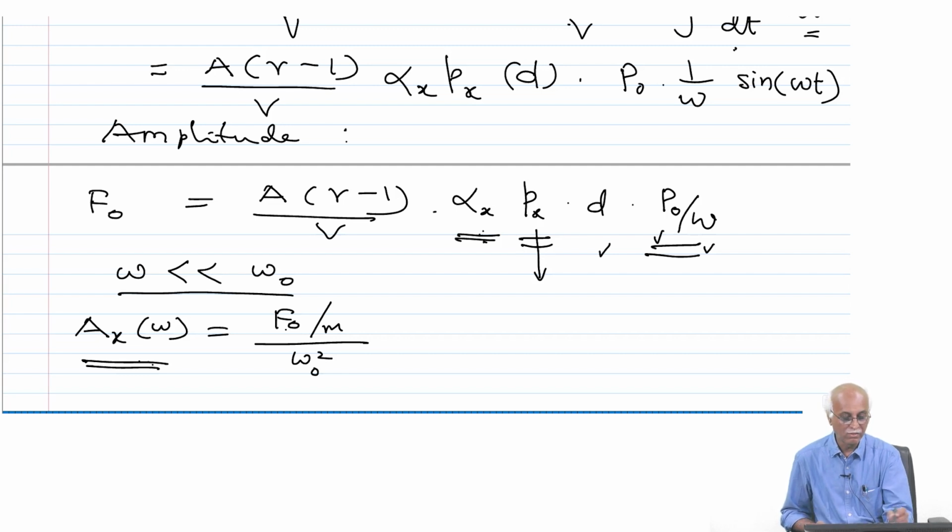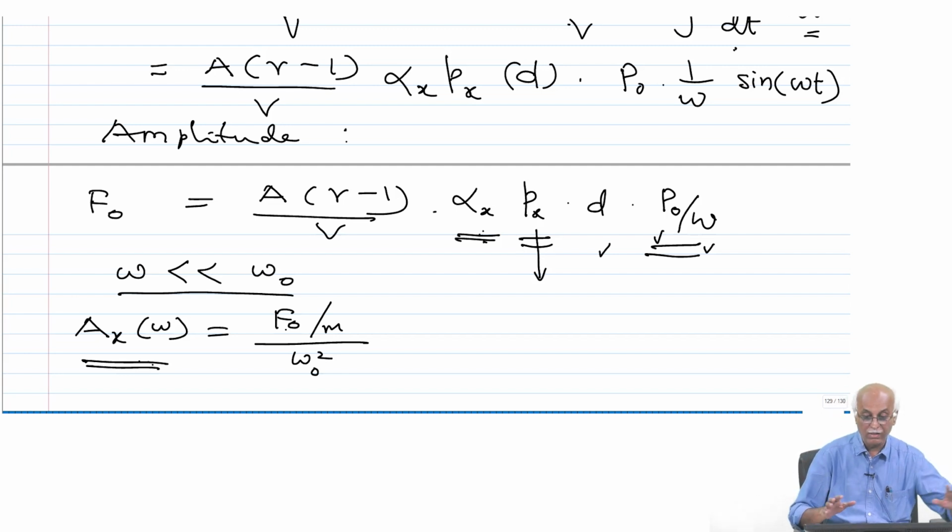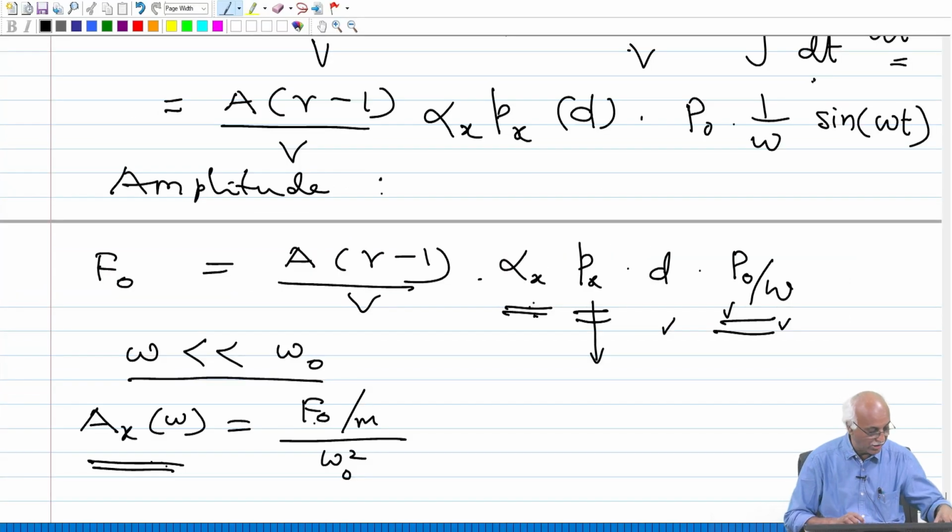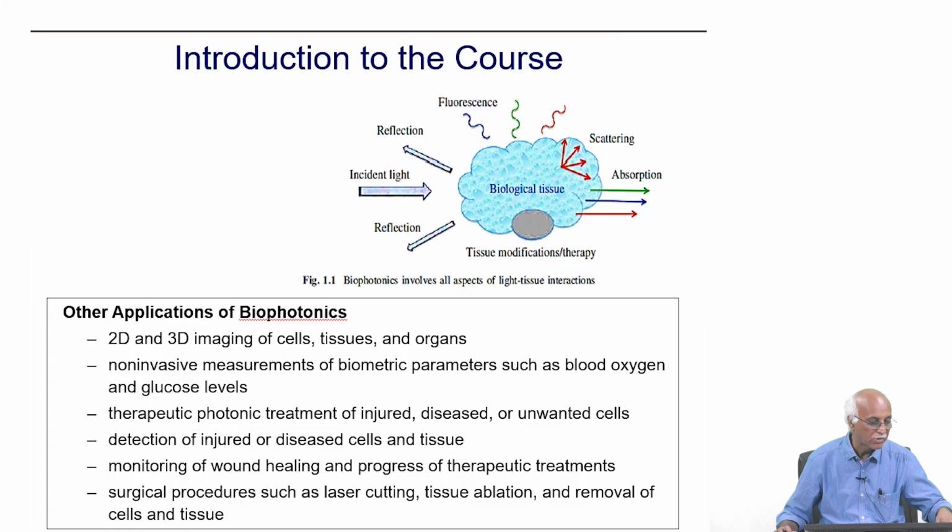Then it can give us the idea. So this gives us the right approach of detecting the concentration of gas molecules. This is nothing but the photoacoustic approach, just to give you some idea.